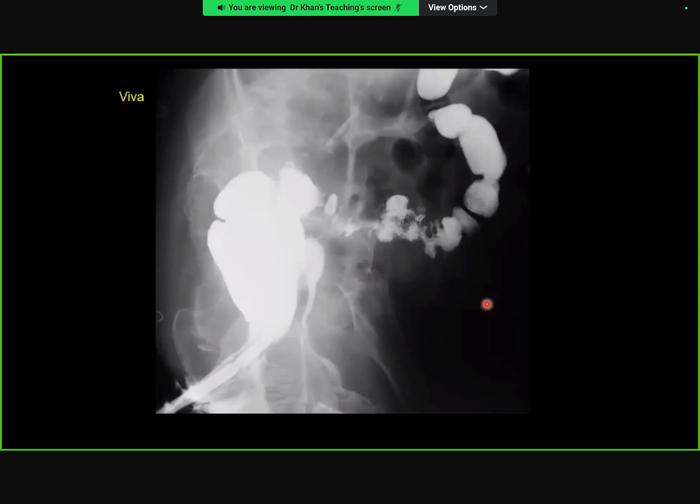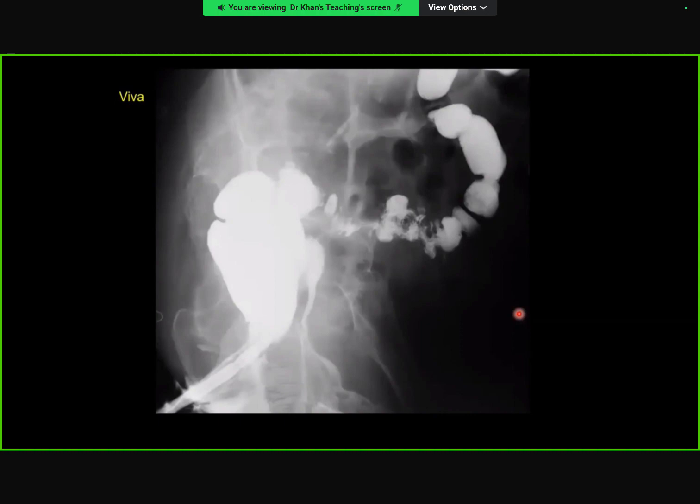So it's a barium enema, a spot film, which is demonstrating a stricture-like appearance of the sigmoid, with deep ulceration, and yeah, so there are some deep ulcers in the sigmoid.